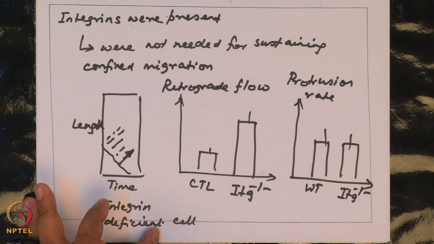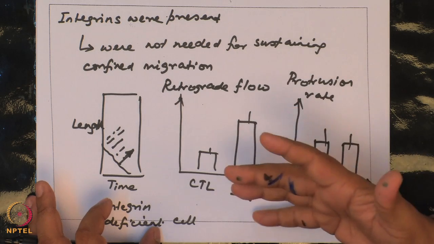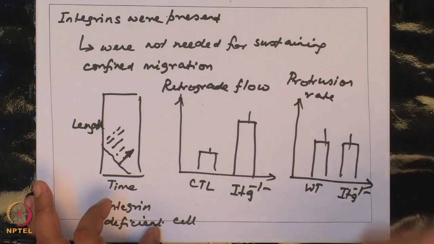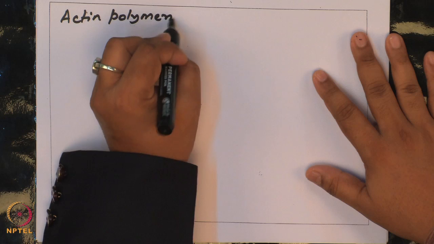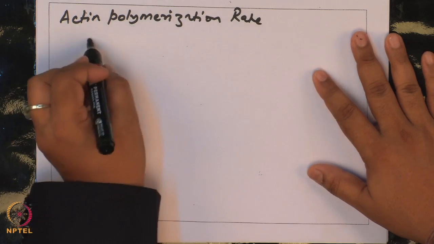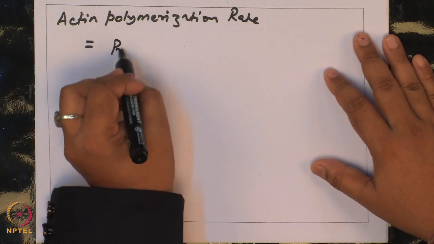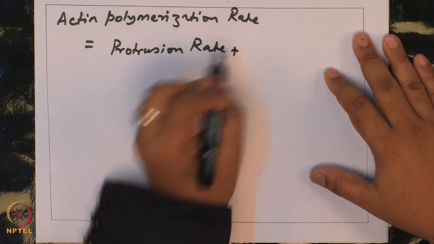What this suggests is that when you remove the integrins, overall the actin polymerization rate changes. What is actin polymerization rate? I can write down, the actin polymerization rate equals protrusion rate plus retrograde flow.